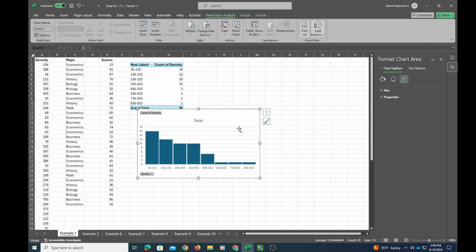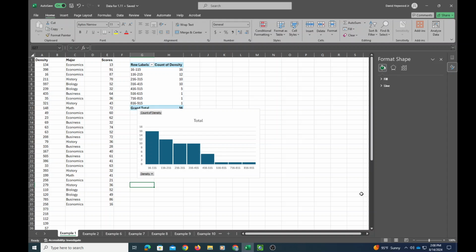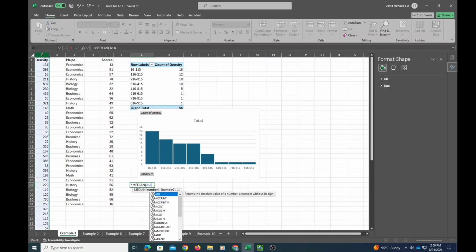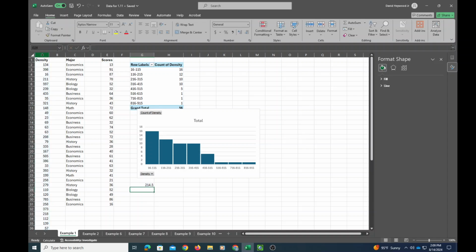So for the median, I can just say equals MEDIAN, tab, and then select the data, hit enter. So there's the median, M equals 214.5. For the IQR, I need the quartiles.